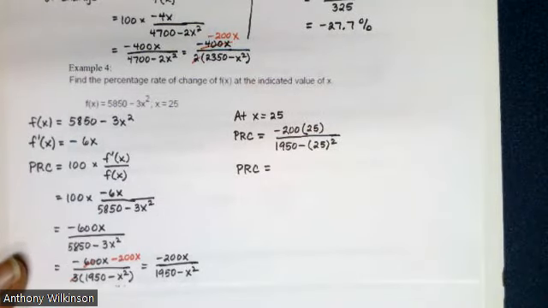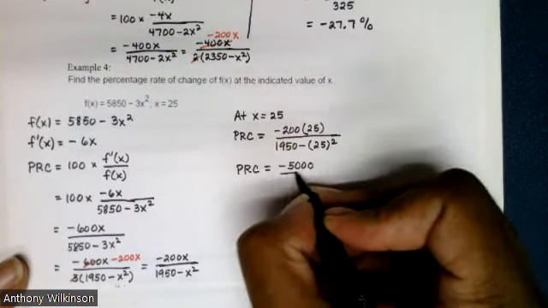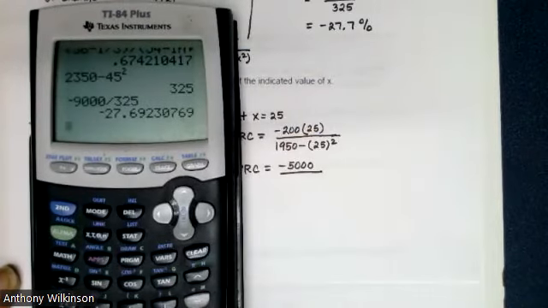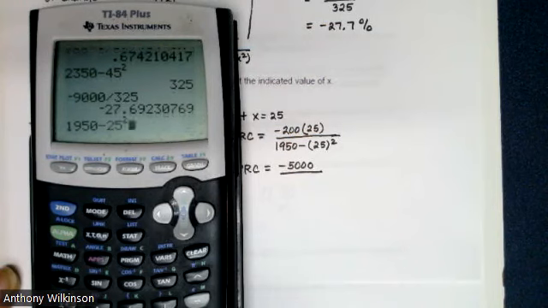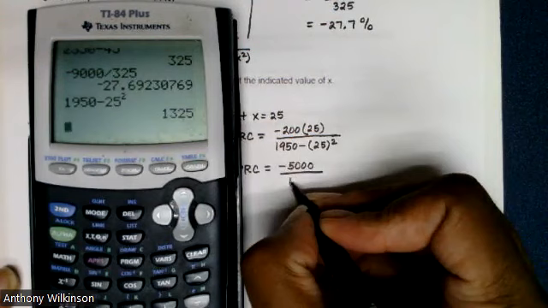Negative 200 times 25 would be negative 5,000, divided by 1950 minus 25 squared. 1950 minus 25, and if I square it, that'd be 1325.